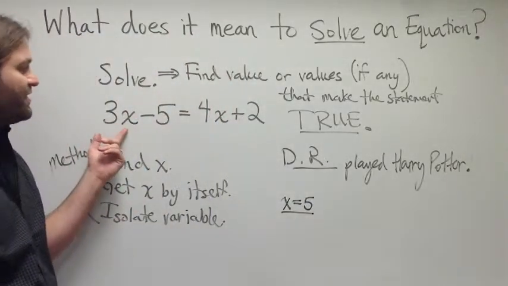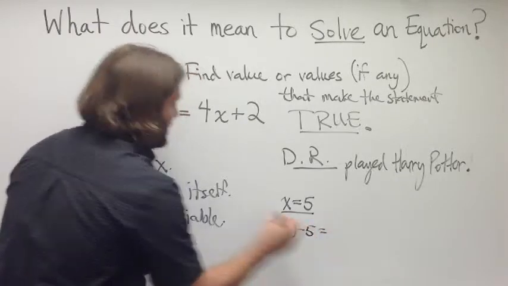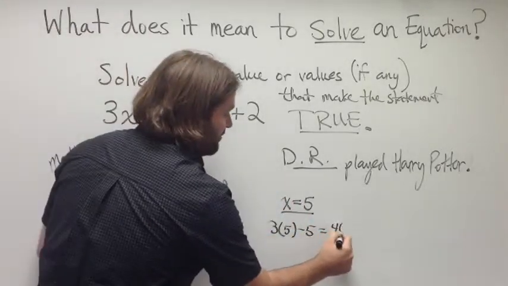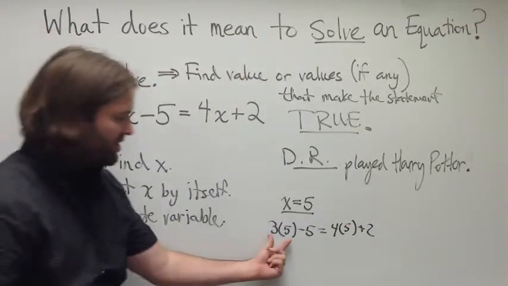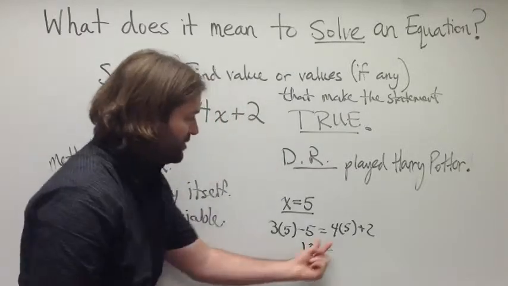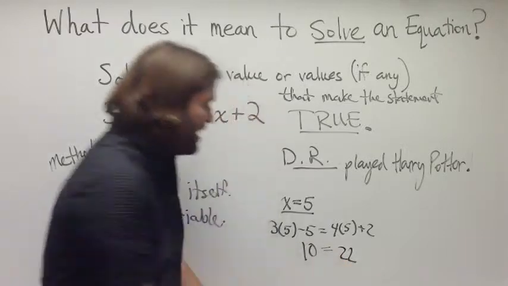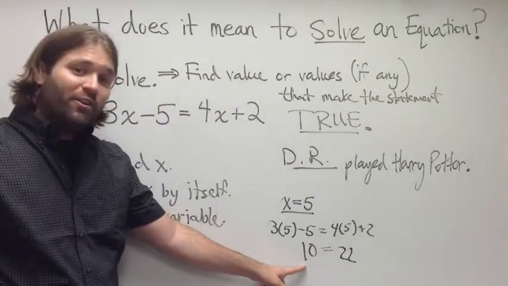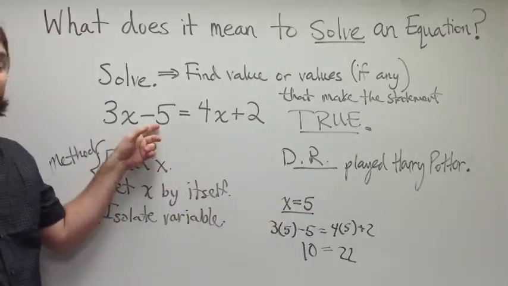Plugging this in for x, we would get 3 times 5 minus 5 is equal to 4 times 5 plus 2. Of course, we can solve. So 3 times 5 is 15 minus 5 is 10, is equal to 4 times 5 is 20 plus 2 is 22. Clearly, this is false, which means that x equals 5 is not a solution.